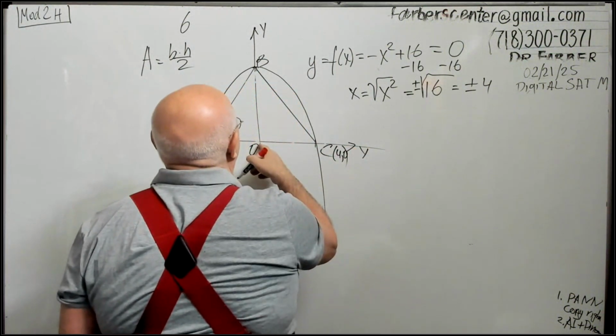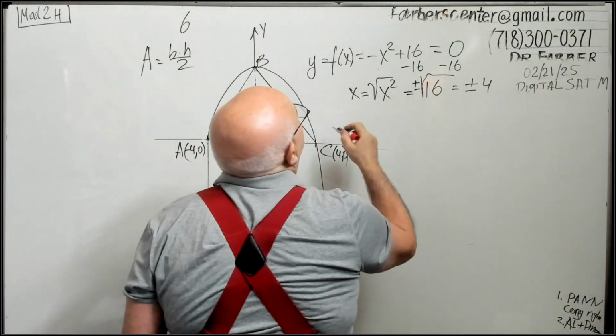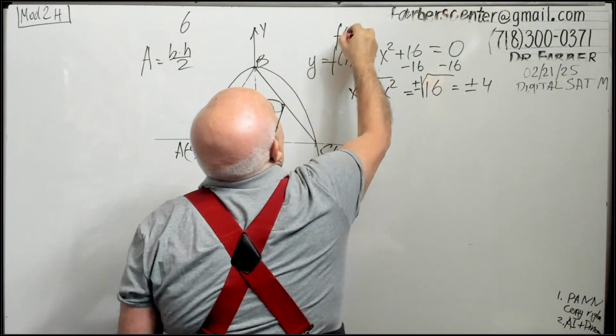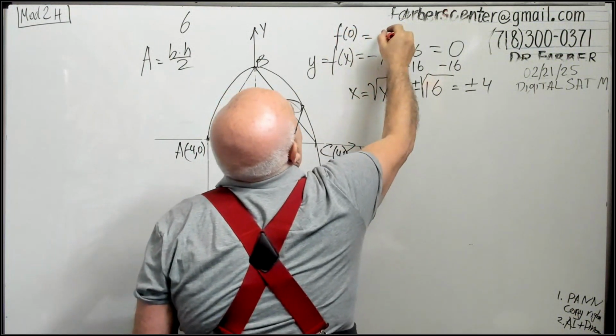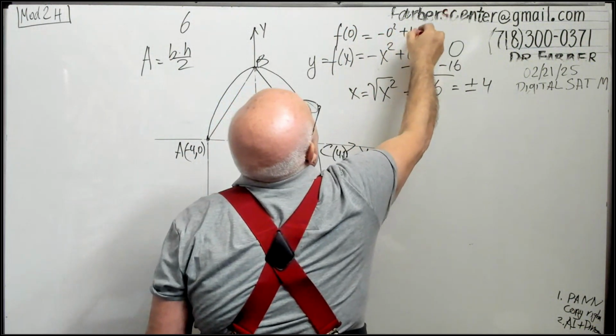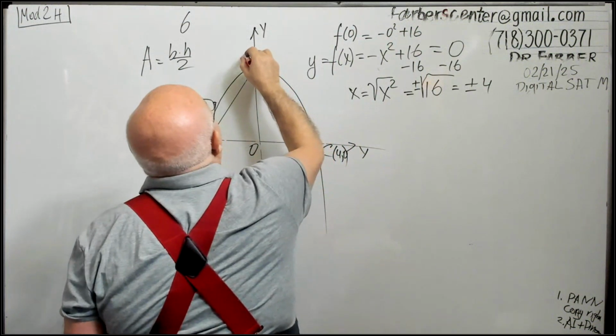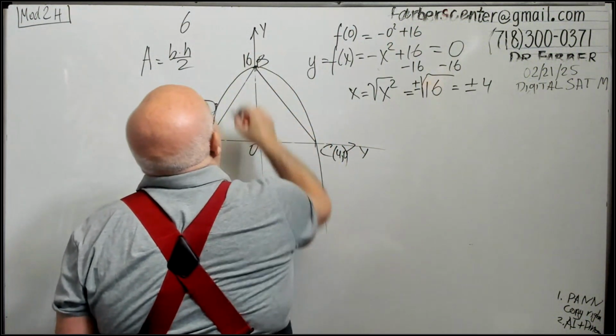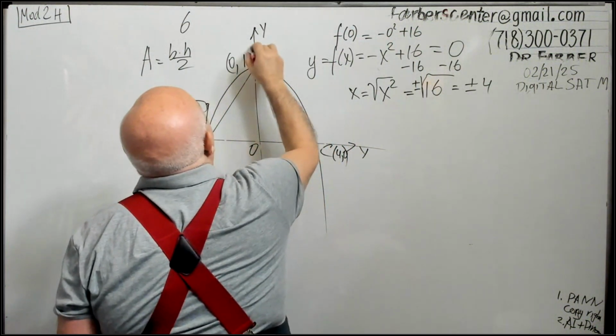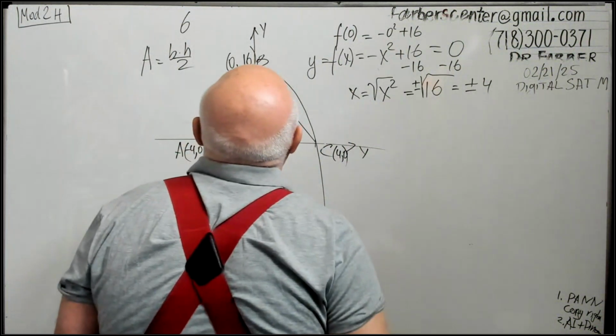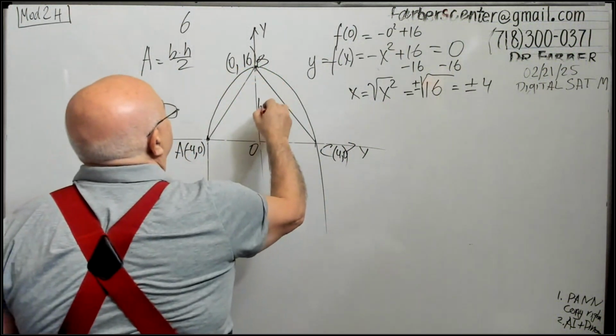And when x equals to 0, f of 0 equals -0 to the second plus 16. So this one is 16. 0, 16, this point B. So look at this. This height equals to 16.